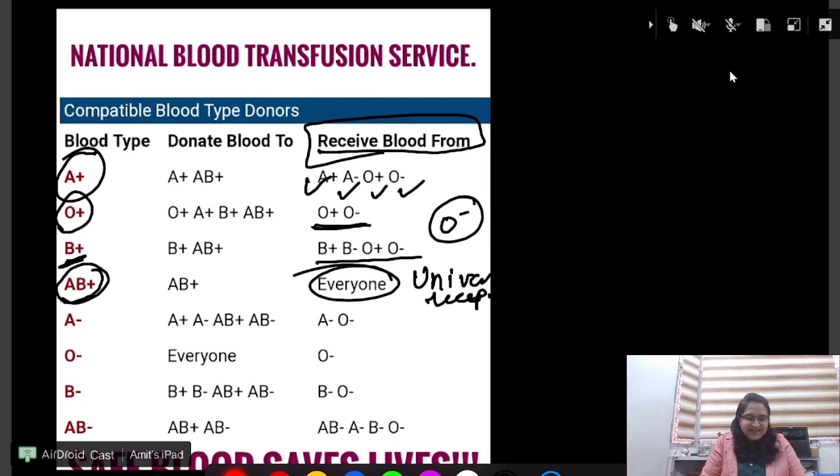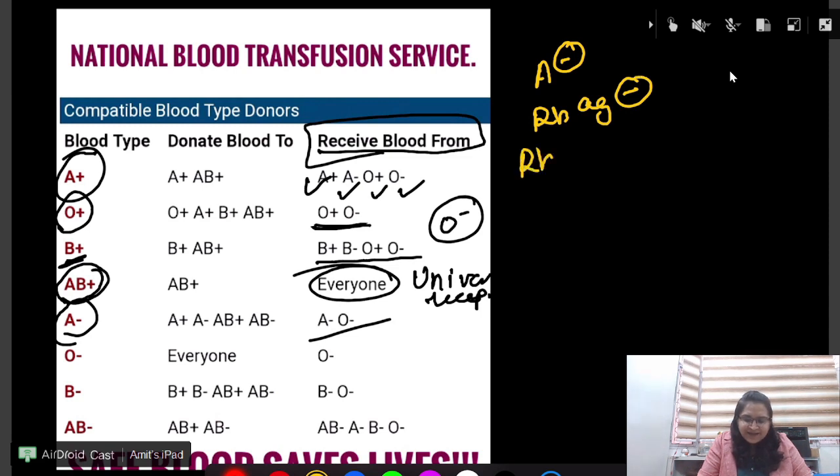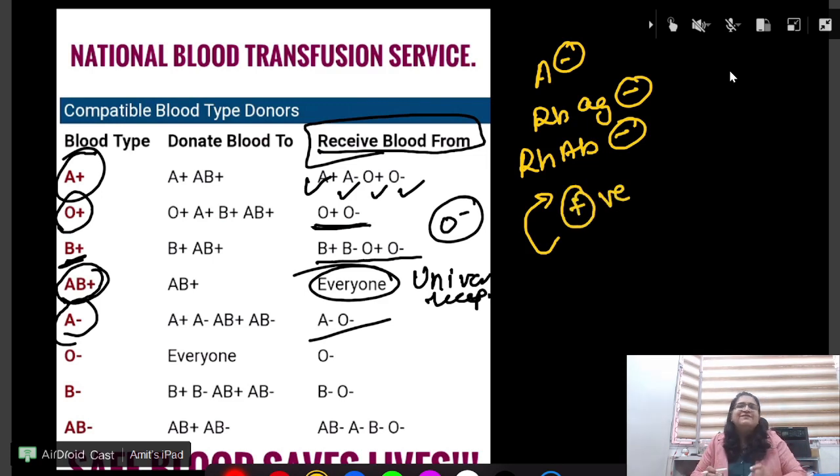If someone is A negative, he can get blood only from A negative, O negative. What is the problem with A negative? Why are we giving negative? Because in A negative, Rh antigen is not present, Rh antibody is also not present. So we do not give positive blood if negative is present.